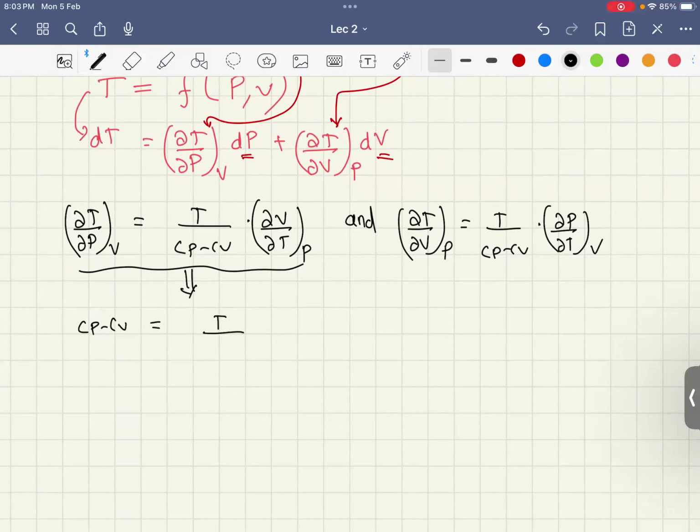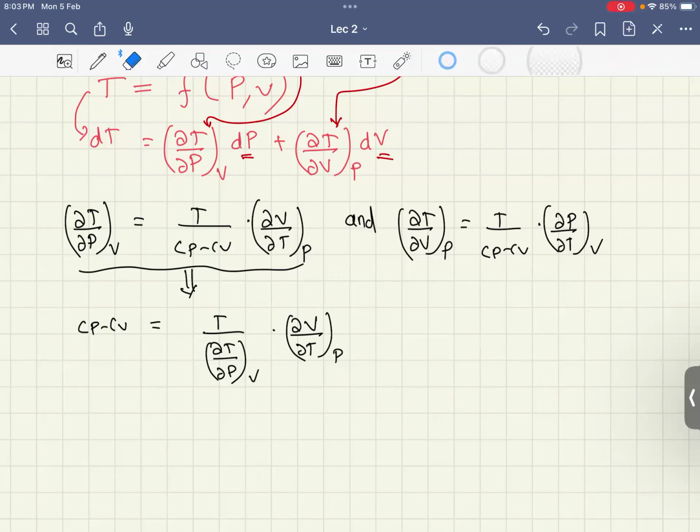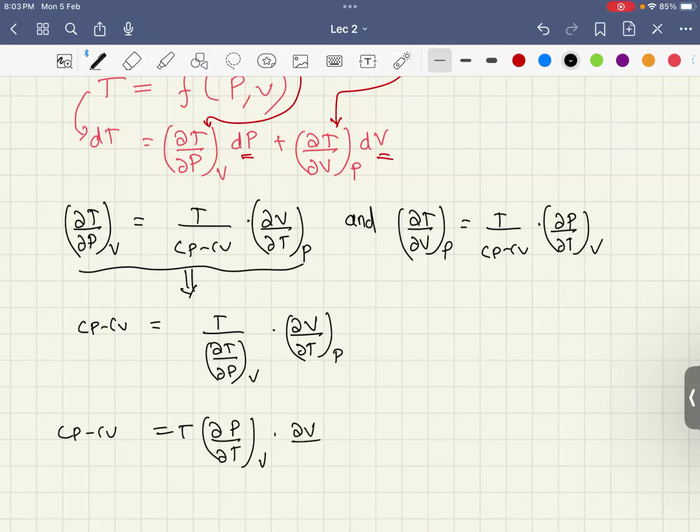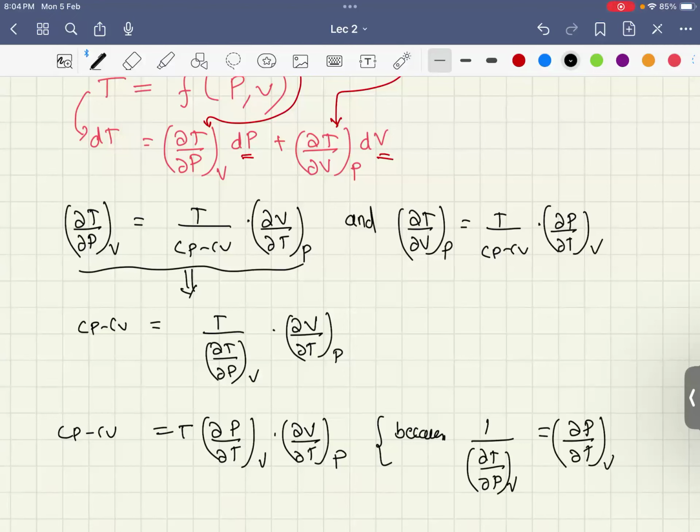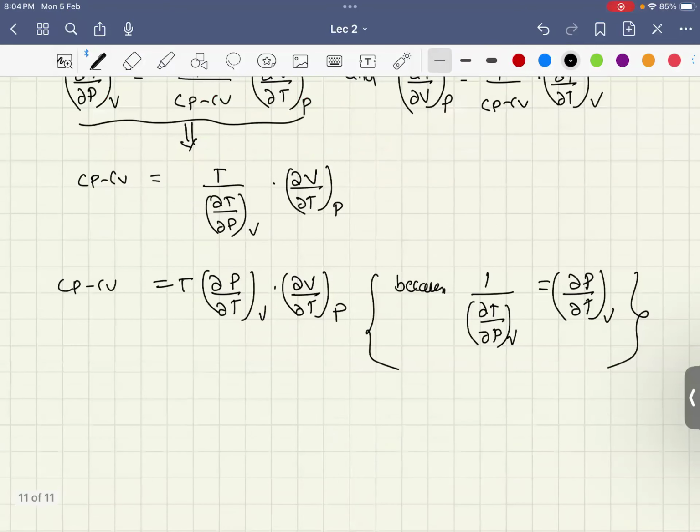This is T by (∂T/∂P)v multiplied by (∂V/∂T)p. You just take the inverse: 1 divided by (∂T/∂P)v is (∂P/∂T)v. So this is what we have.